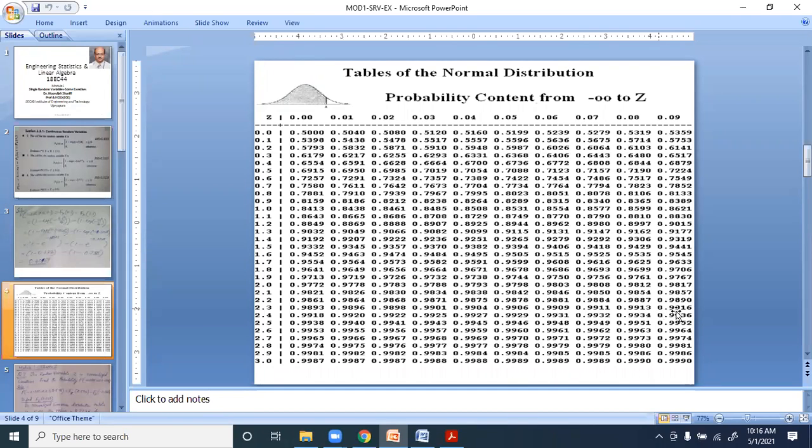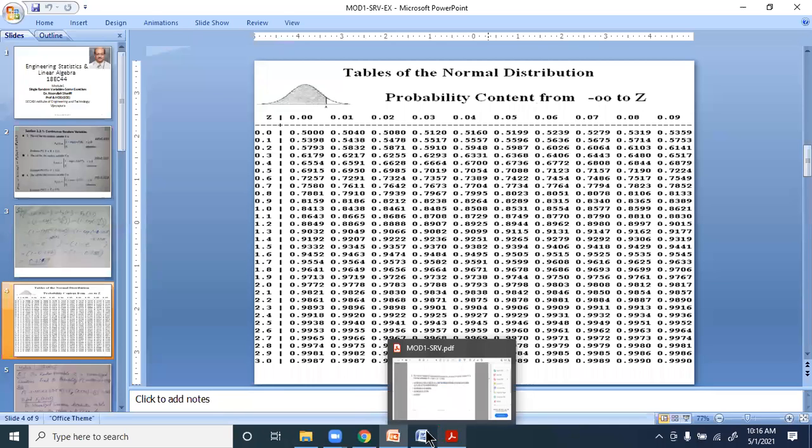So this is 0.9916 and 2.40 is 0.9918. So it is somewhere between these. You can almost say that it is almost equal to 0.9916, or we can interpolate it and calculate it.